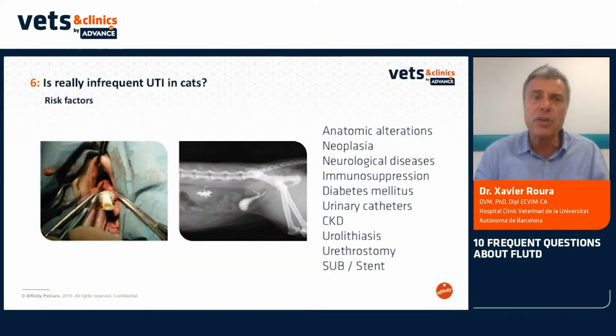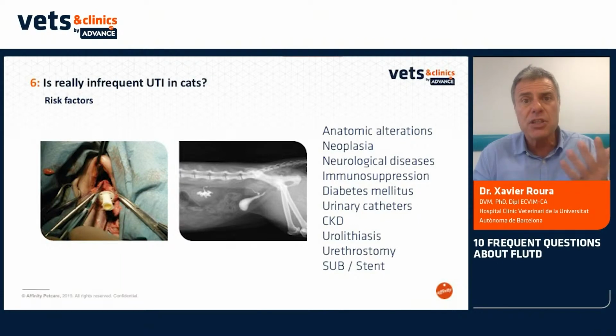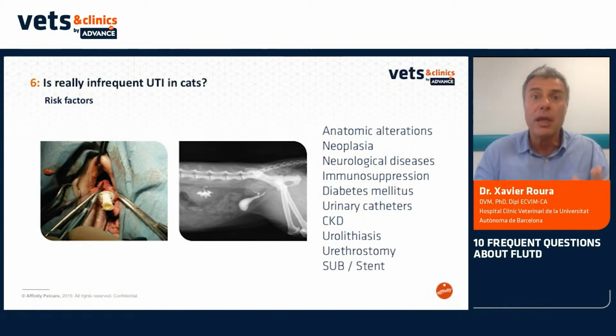Recently, we have the impression that there are many other factors that can increase the percentage of cats with urinary tract infection, especially young cats, such as new diseases. For example, feline pseudomembranous cystitis is a new disease that may be an infectious disease, a urinary tract infection. So probably some young cats have more new presentations of urinary tract infections.